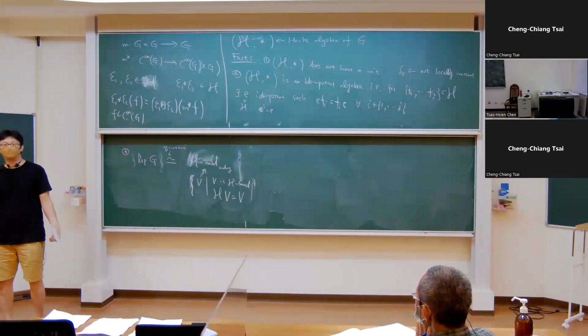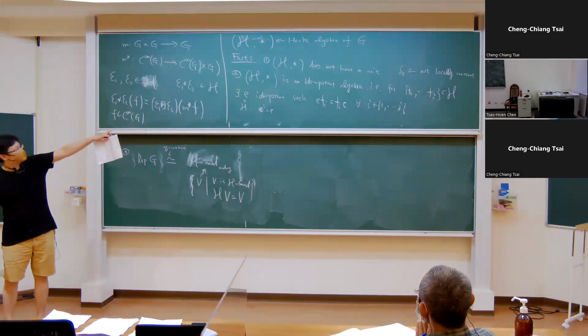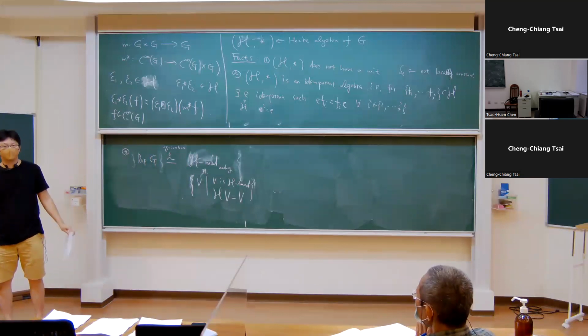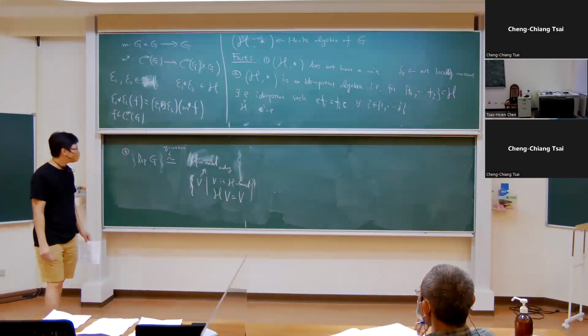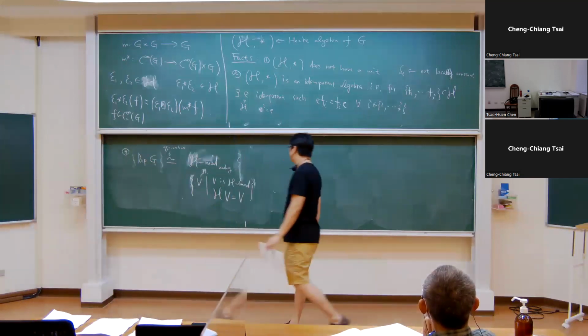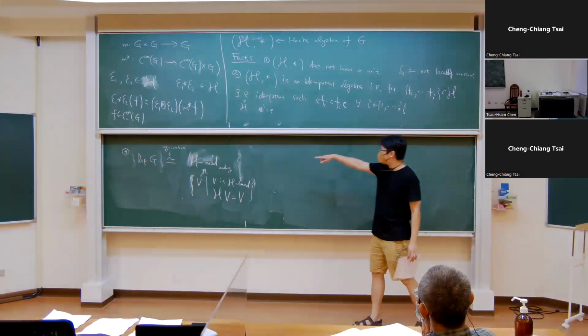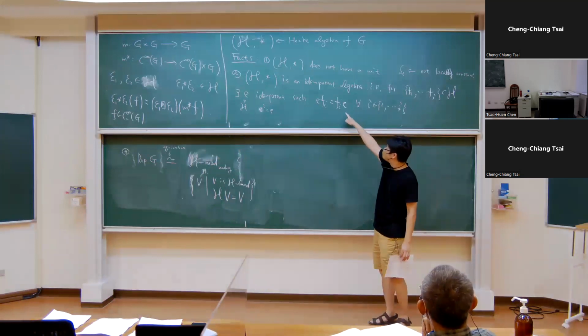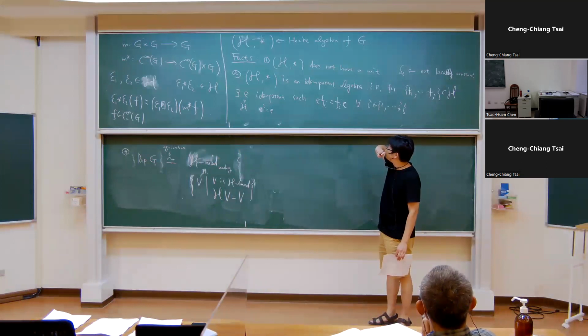H is okay, because it's an approximate identity. H is okay. Now is H non-degenerate? Because of this, oh no, wait. No.